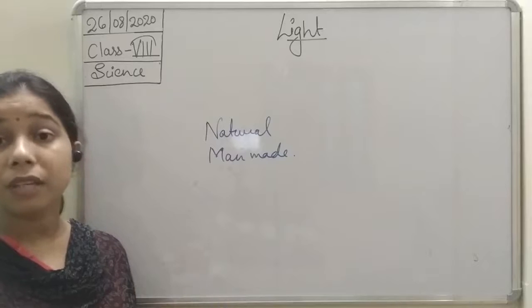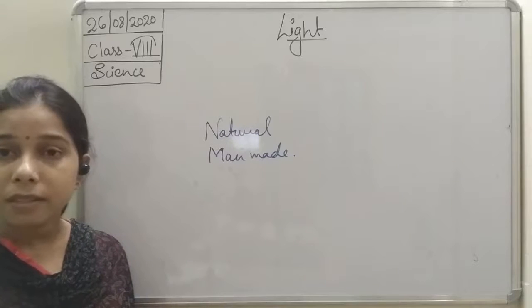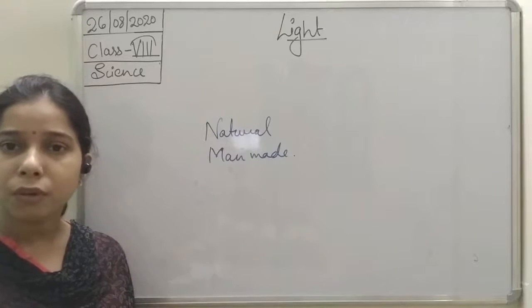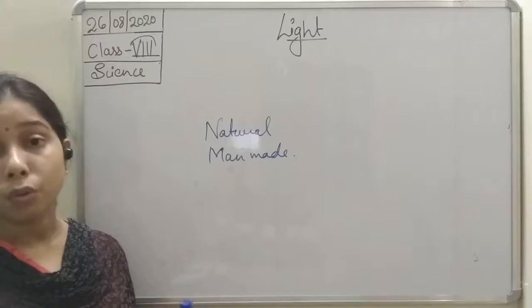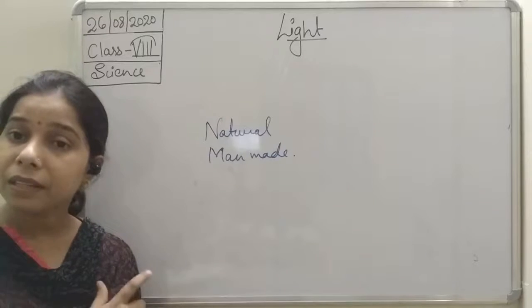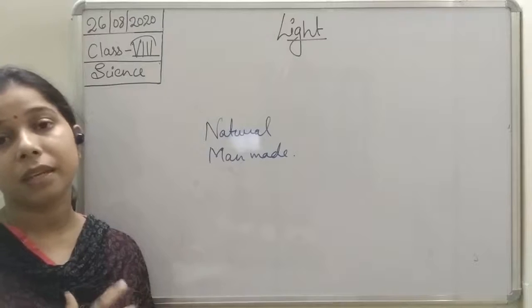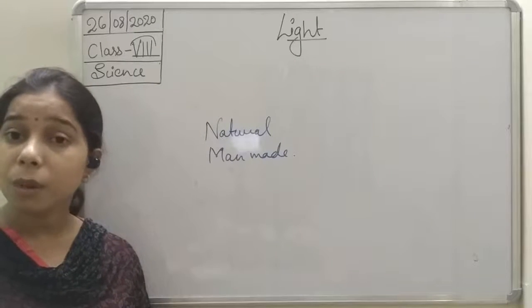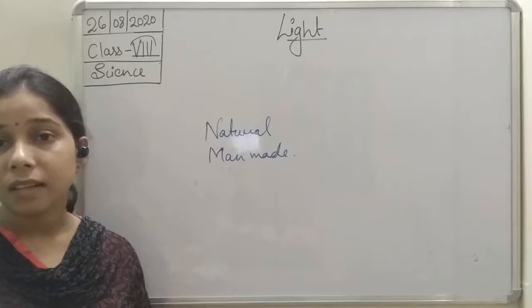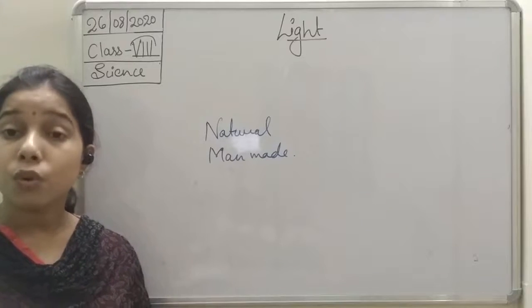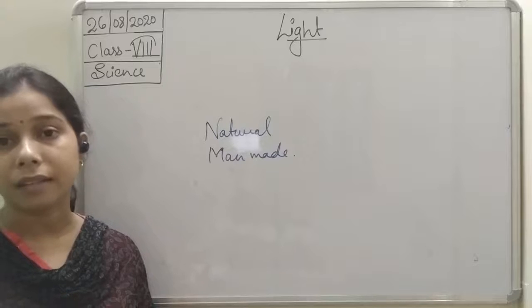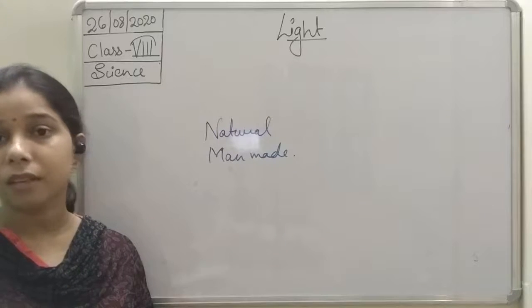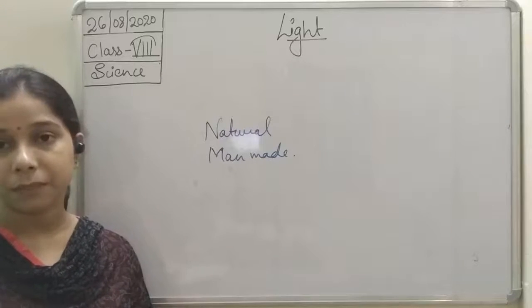If a chair or a table is there, is it possible for it to emit light? No. So in which category will we keep it? We will keep it in the non-luminous objects. Luminous objects are like the sun and the stars. They emit their own light, so they are considered luminous.